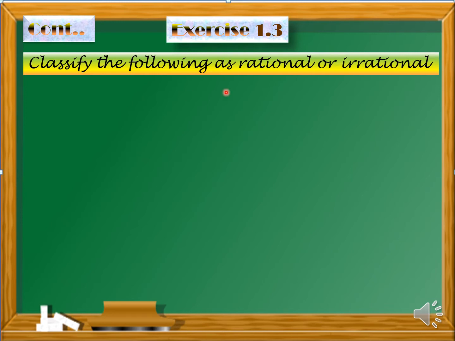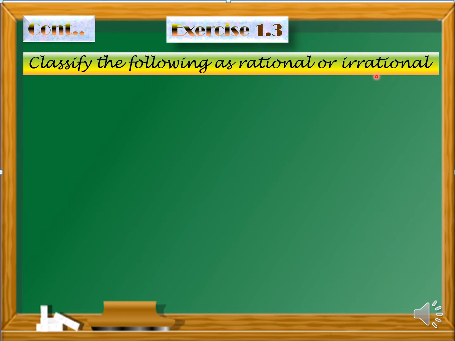The definitions of rational and irrational we have also seen in the previous video, but let's recap now. Examples of rational numbers are 1 by 10 and 2 by 3, and rational numbers can also be called fractions. Now let's see irrational numbers.